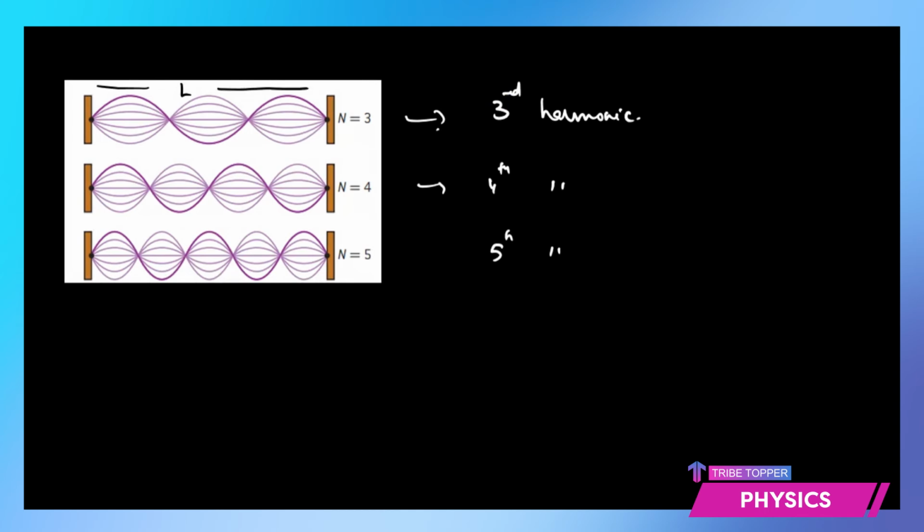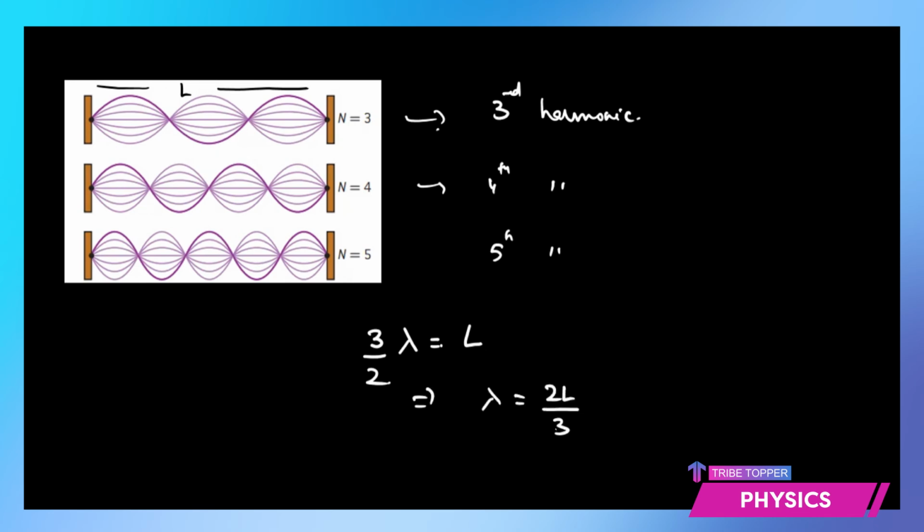So for the third harmonic, you have 1.5 lambda, so 3 by 2 lambda is contained in the length L. So lambda is 2L by 3.